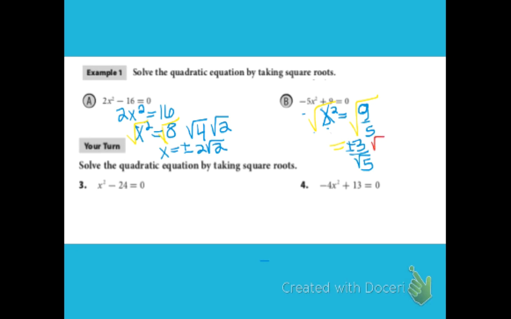So what we'd have to do is multiply the bottom by the exact same radical to then create a perfect square, the square root of 25. And so that turns the denominator into just 5, and the radical shifts to the numerator, making this plus or minus 3 square root of 5.